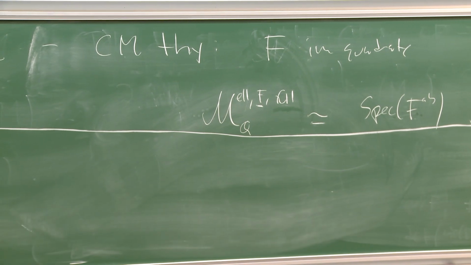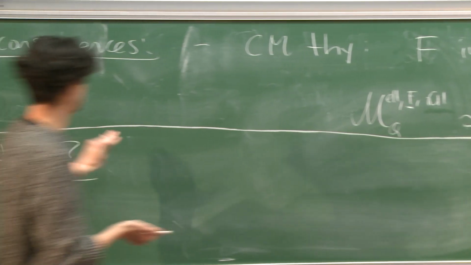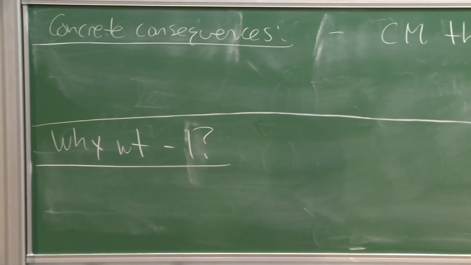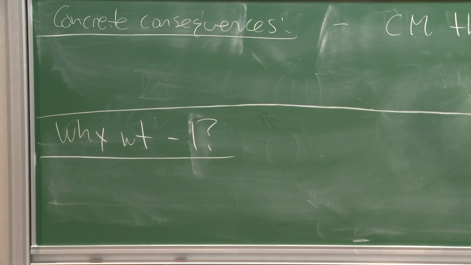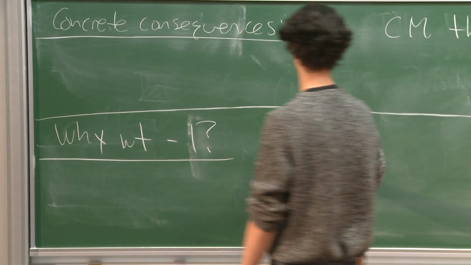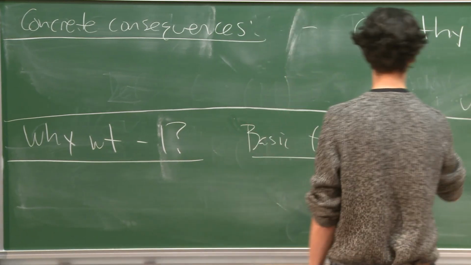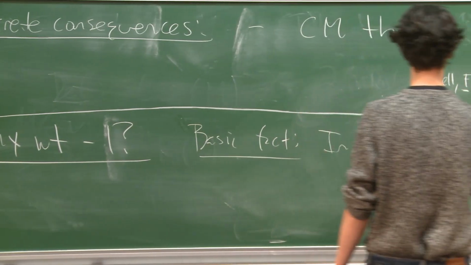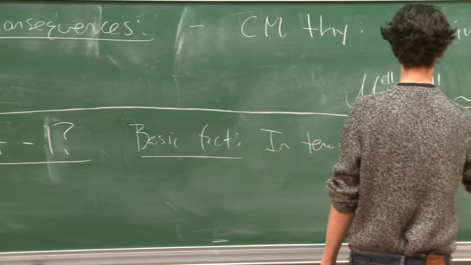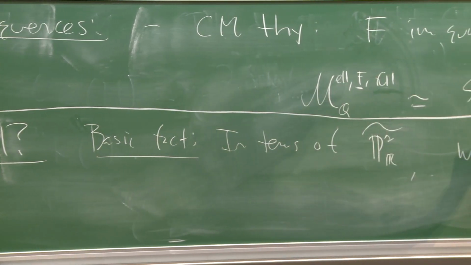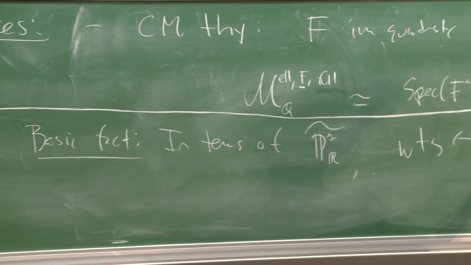Okay, why weight minus 1? Well, the basic fact is, in terms of the twistor P1, weights correspond to slopes.